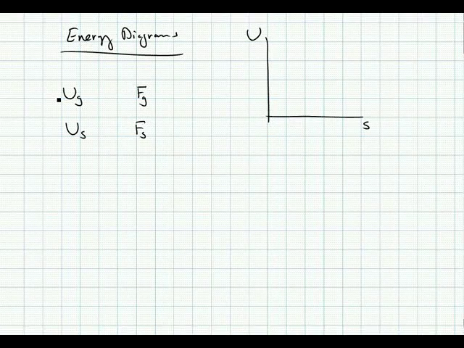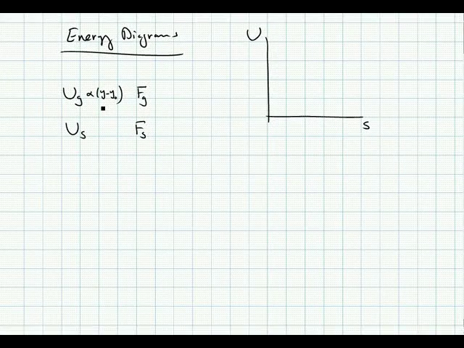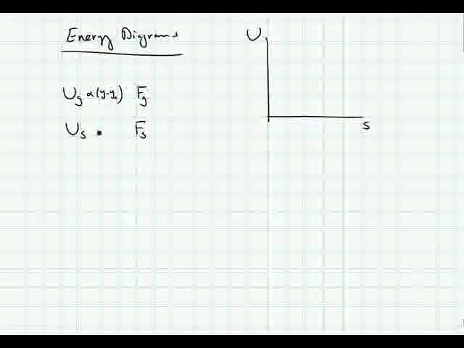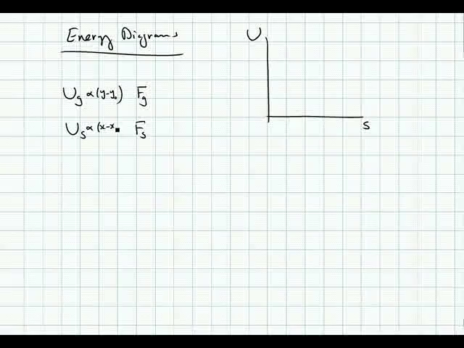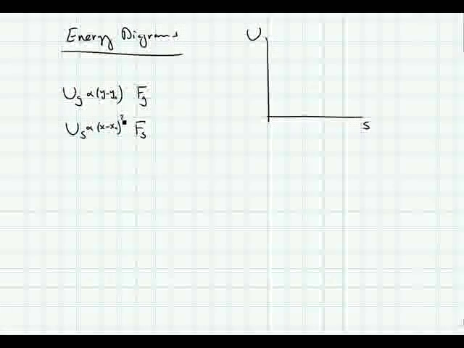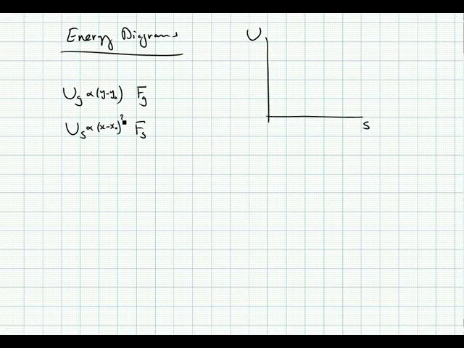Gravitational potential energy is of course proportional to the position of the object relative to a reference level, and the spring potential energy we saw is proportional to (x minus x naught) squared, the amount of compression or stretching that the spring has, squared.